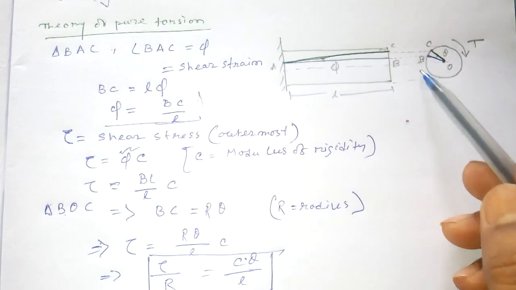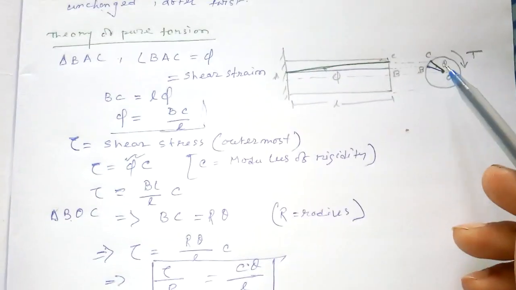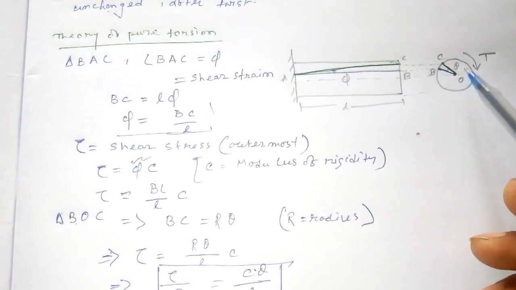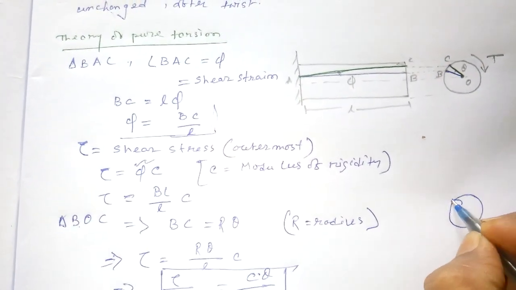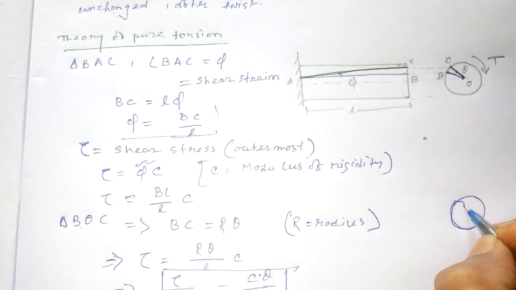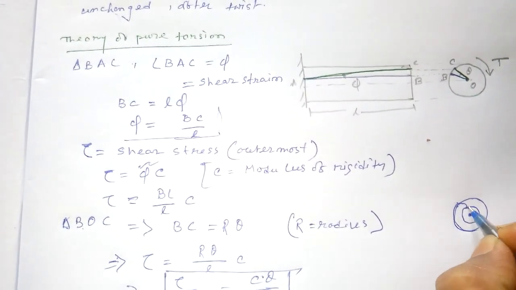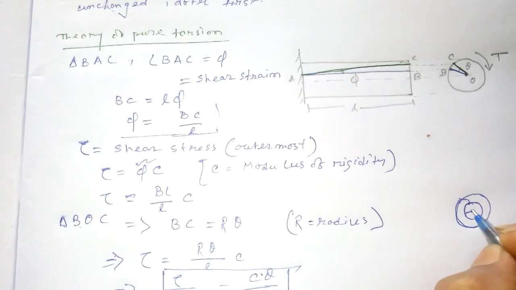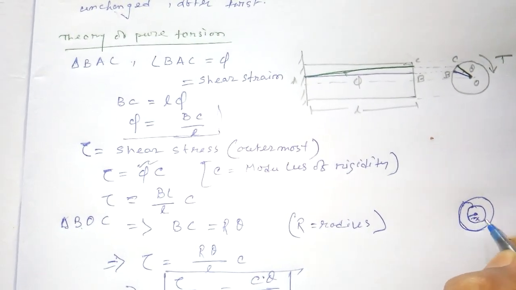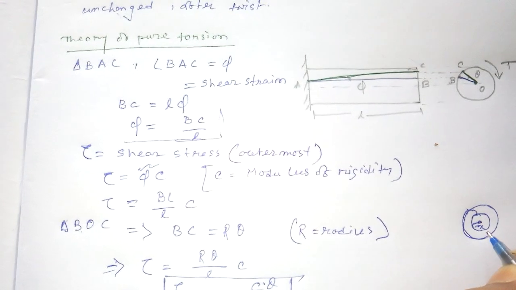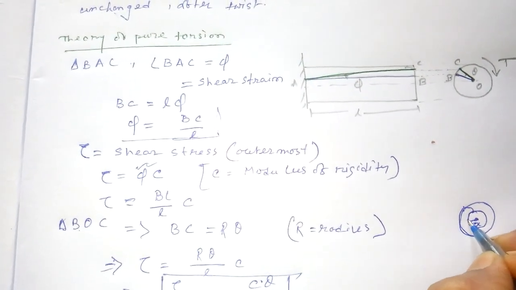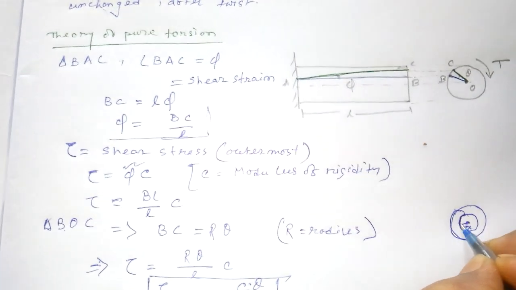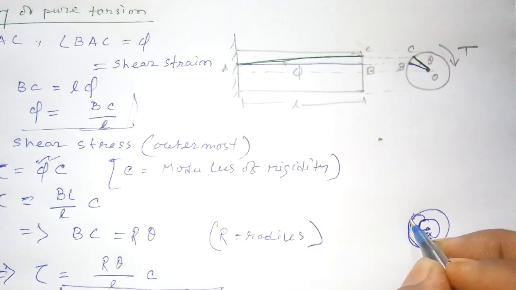Suppose you consider this solid shaft as a combination of plenty of hollow shafts, and you find this relation for a particular shaft at a distance x from the center. Obviously the shear stress at this layer will not be the same.